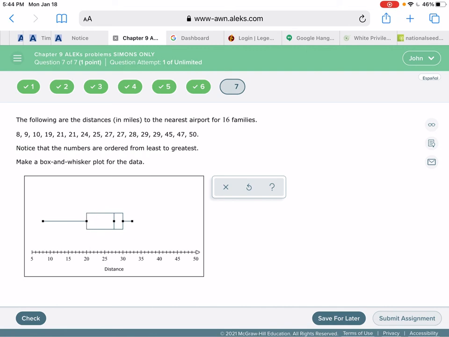For my median, that's at 26, so I'm going to grab that number and move it over to 26. My quartile 3 is at 29. I'm going to move my max first, so let's take this one and move this all the way over to 50. Sweet. And then 29 for this guy. It's really close to it.